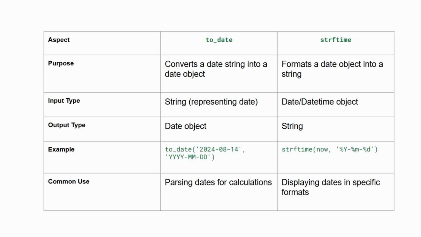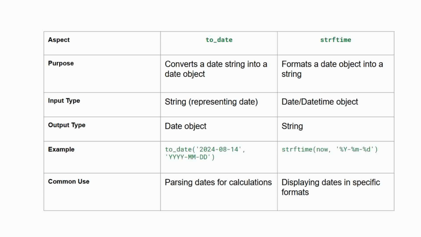But the input has to be converted into a date first, then you can feed it into strftime. So make sure you are giving the right input to the right function. You cannot use toDate to convert a date into, say, a different format, because it does not give you the required format, since its default format is YYYY-MM-DD.